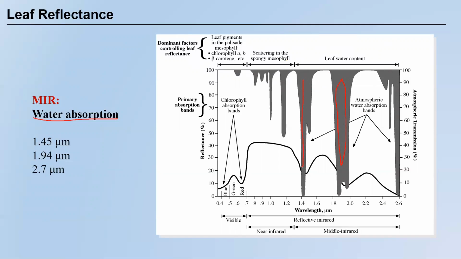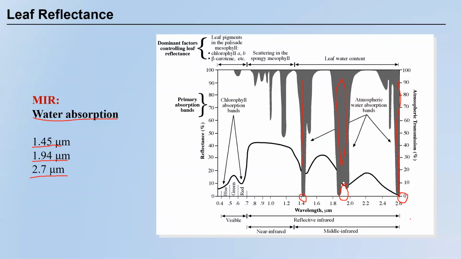So the longer the shaded area, the stronger the absorption effect of water around that specific band. You can see here 1.45, 1.94 somewhere here, right? 2.7 is actually to the right of the figure, but you can see we have another long shaded area here.